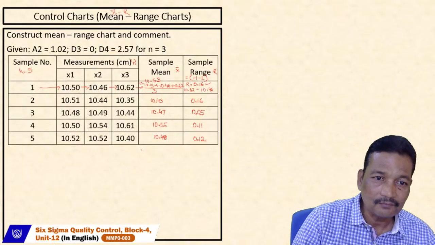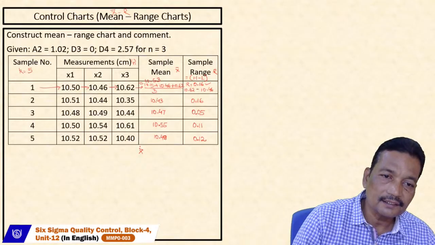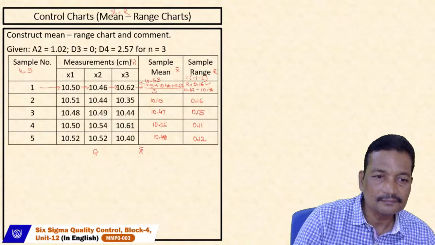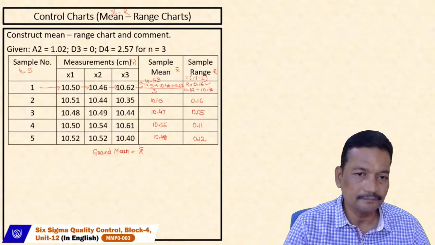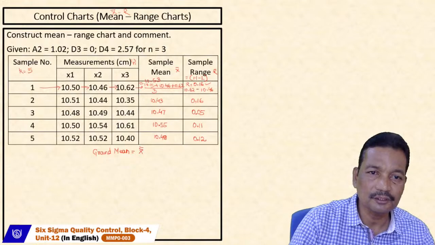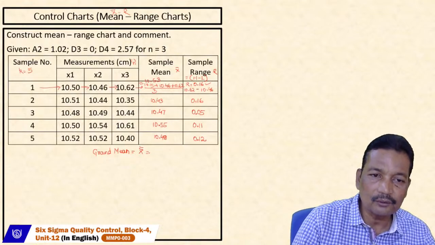What I will do now, I will try to find out x double bar, that is called the grand mean, or mean of the mean values. We have 5 mean values. So what we can do?